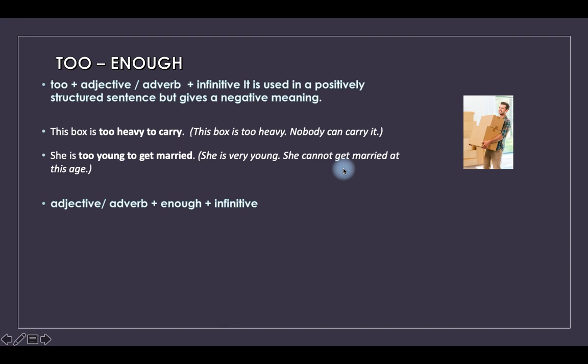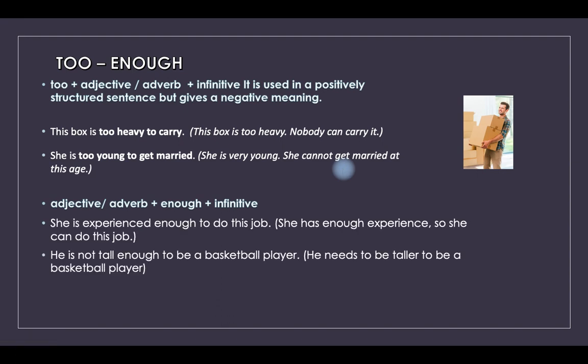Enough. What about enough? It's also used with infinitives. She's experienced enough to do this job. So it means she has enough experience to do this job. Bu işi yapmak için tecrübesi var. Yeteri kadar tecrübesi var. He's not tall enough to be a basketball player.